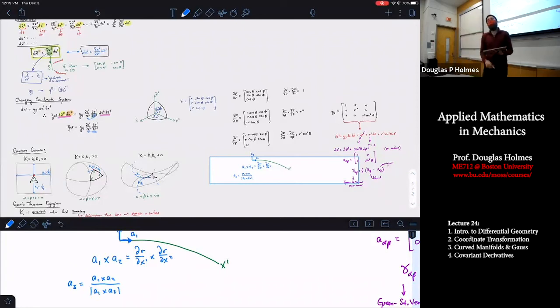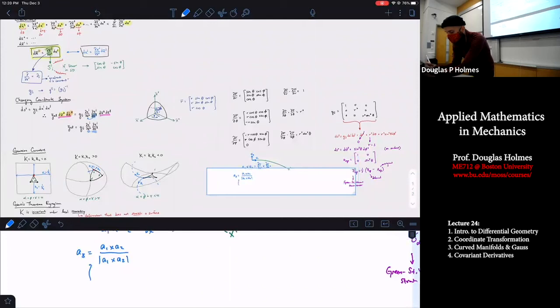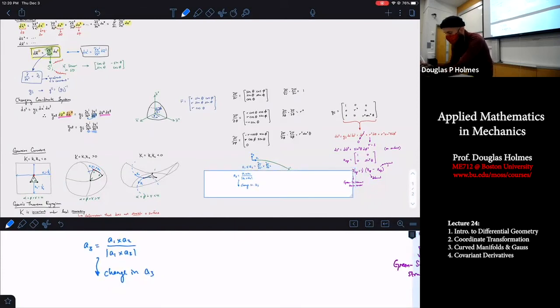And so if this is our unit normal, and we want to be able to determine curvature by measuring kind of the change of that unit normal, then we're going to want to measure the curvature as the change of the unit normal in the x1 direction and as the change of the unit normal in the x2 direction. Okay, so what does change of that unit normal mean? It means that we should be considering the partial derivative of A3 with respect to x to the alpha.